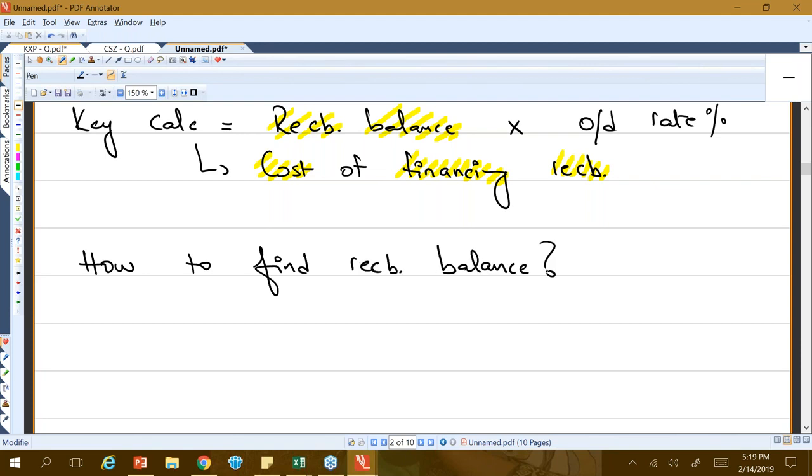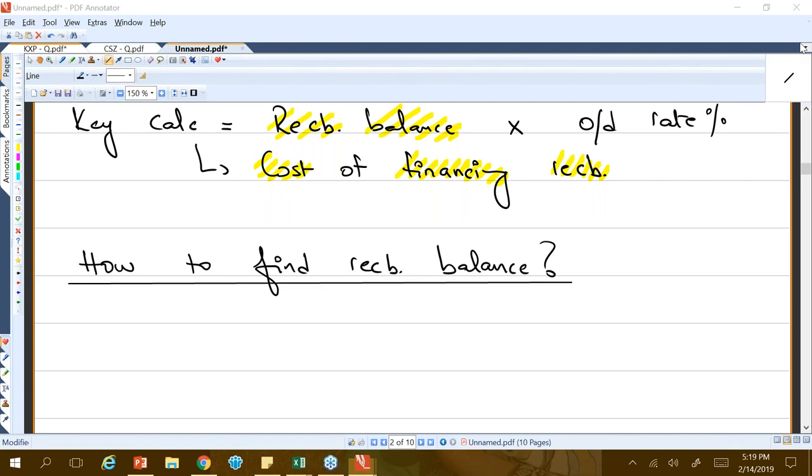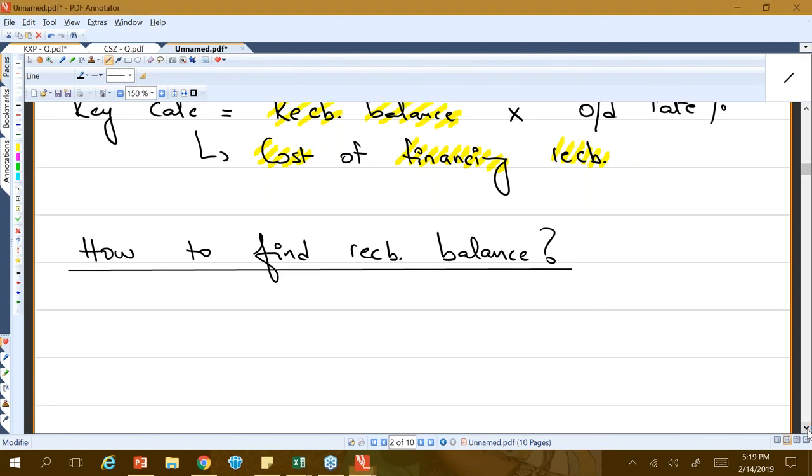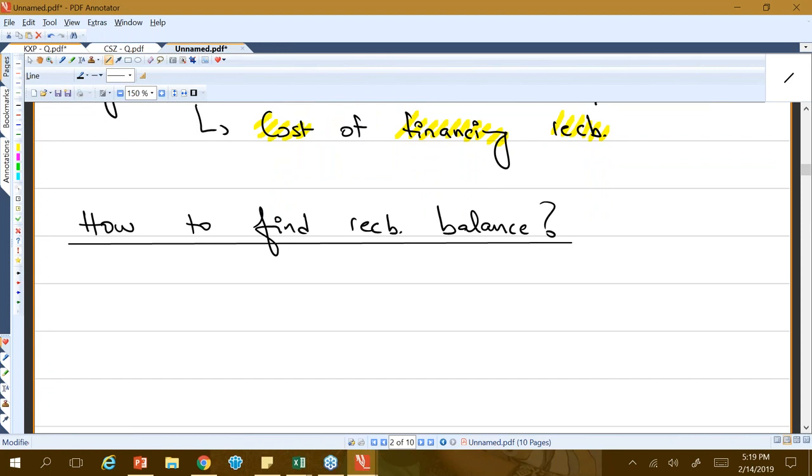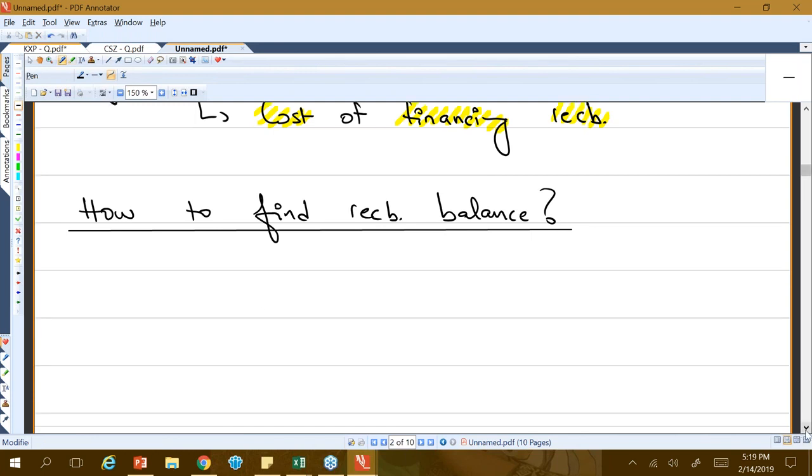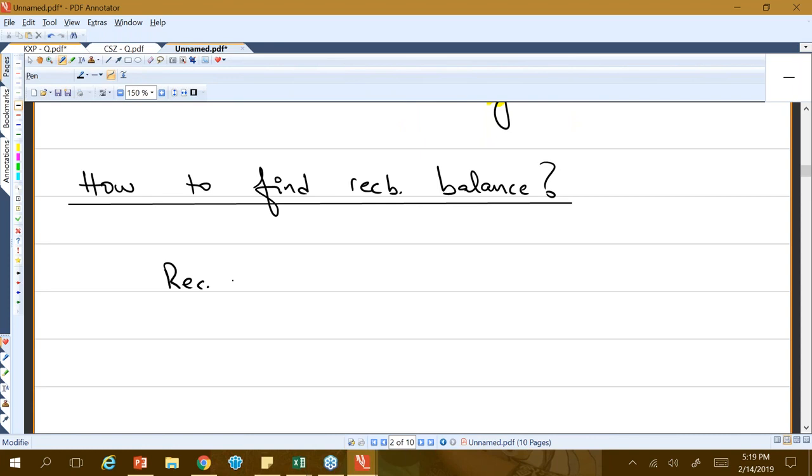Because the overdraft rate will be given nice and clear, there is no problem with that. The only issue that may happen is that we may have to find the receivables balance. Now, to find the receivables balance, what we can do? What you may be given in the exam is receivable days.